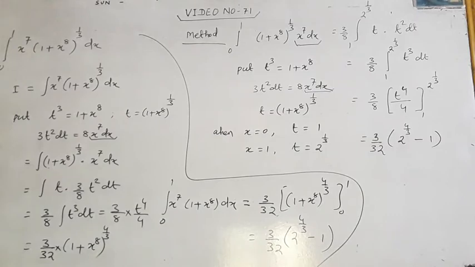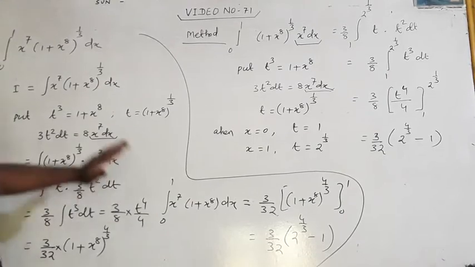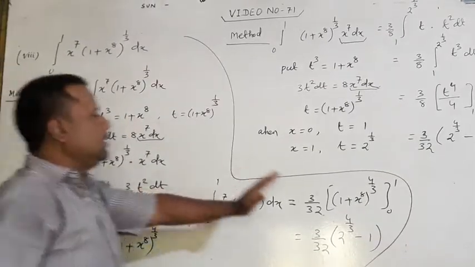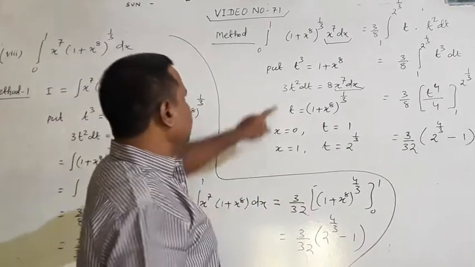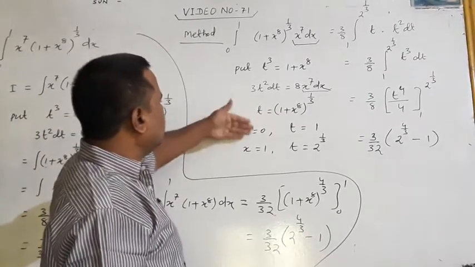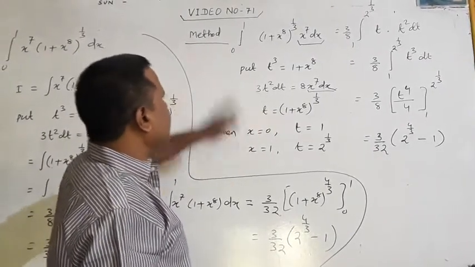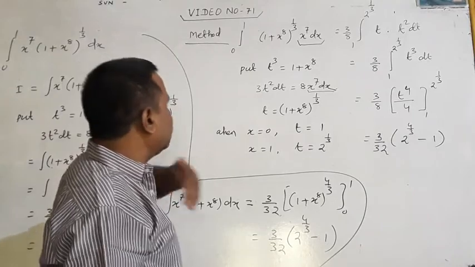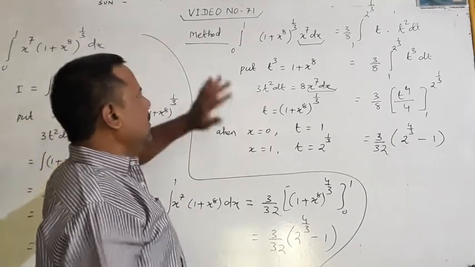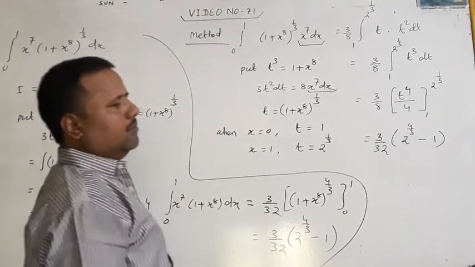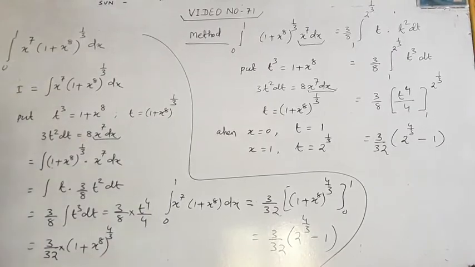Which way will you select? You should select this one, because after clearing the integration you can put the limits directly. Otherwise, if you do it by the other method, you have to change everything: t, x, the upper limit, the lower limit, which is very difficult. I think there are two methods.